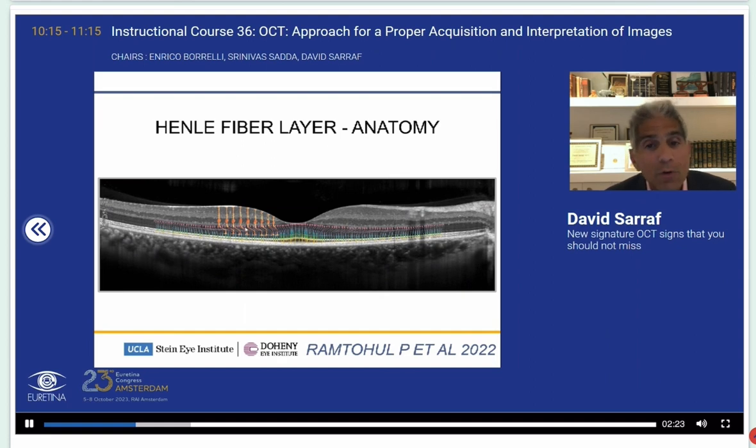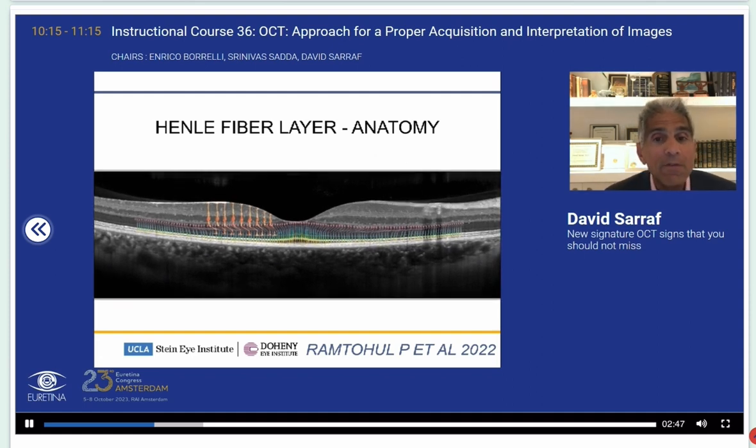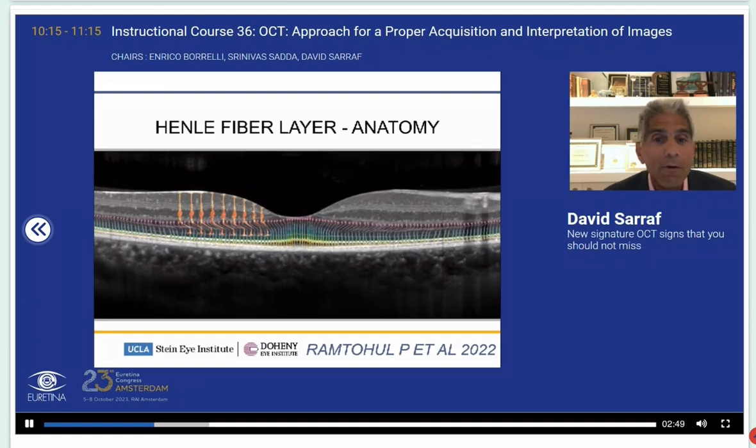Andrea beautifully showed the direction of the Mueller cells in the Henle fiber layers, which are vertical in the central area and in the peripheral area, but have more of an angular, radial, or right angle appearance in the parafoveal area. In certain inflammatory conditions and other conditions, retinal vascular conditions, you can actually elicit the pathoanatomy of the Henle fiber layer that we refer to as ASH.